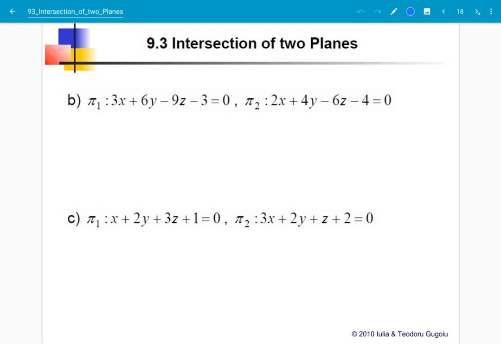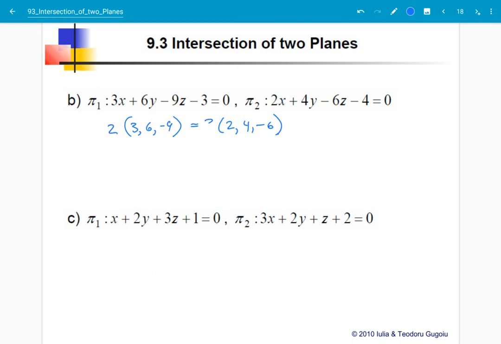Let me see. Oh, are they parallel or coincident? Let's see. 3, 6, and -9, and 2, 4, and -6. If I multiply this by 2, I get 6, 12, and -18.